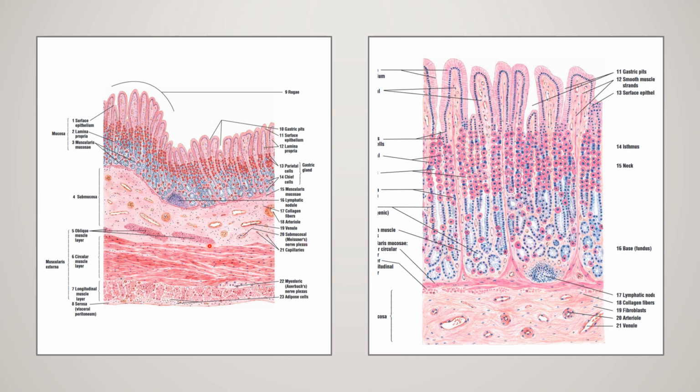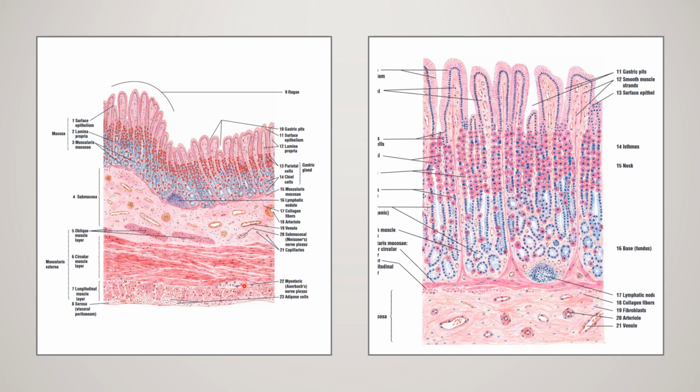Next, the outer coat: you will have your muscularis externa. That is inner circular and outer longitudinal layer. In between the two, you will have a nerve plexus. As this nerve plexus is present in the muscle coat, it is called the myenteric nerve plexus, which you have already studied in physiology.